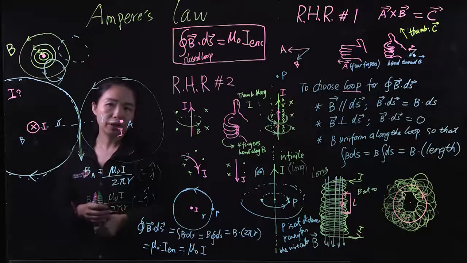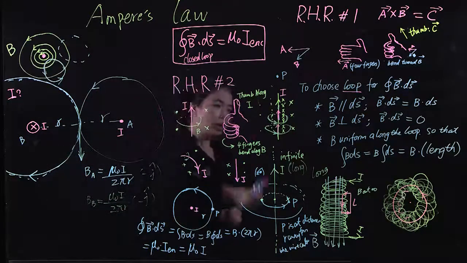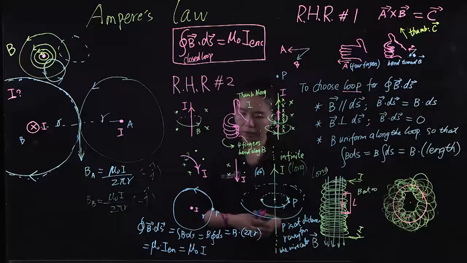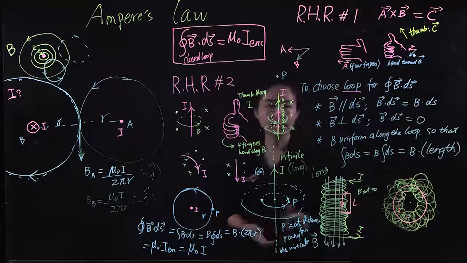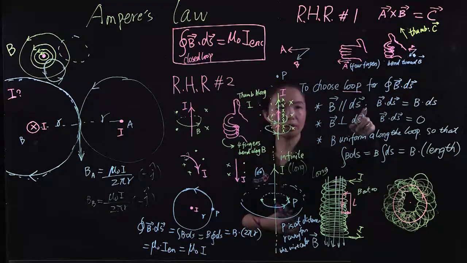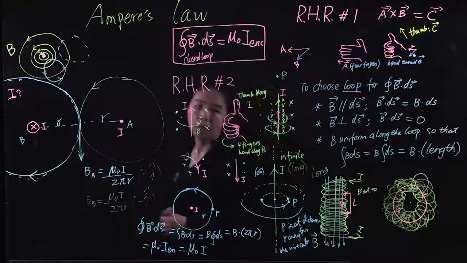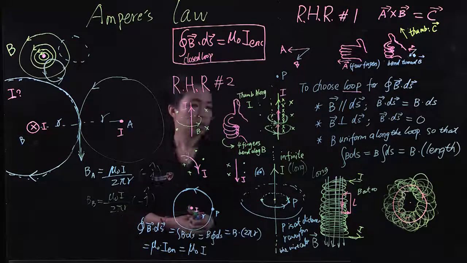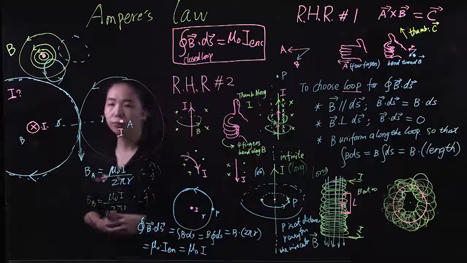No, but be careful. When we do this integral, and when we eventually can take out B multiplied by a length, we need B to be parallel or perpendicular to ds, and we also need the B field to be constant along the loop.